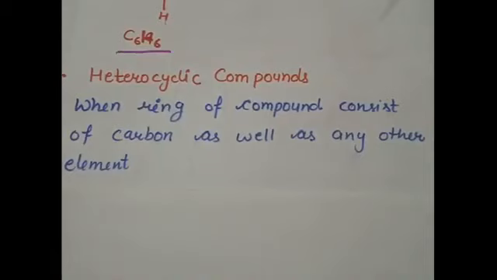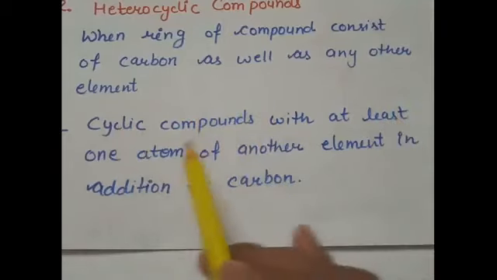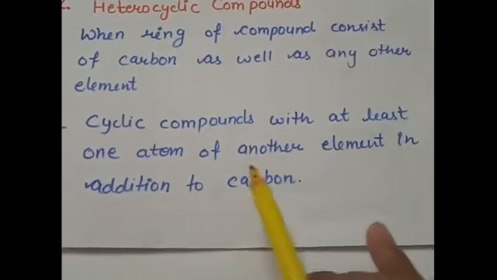That means it has one or more atoms from some element other than carbon. Cyclic compounds with at least one atom of another element in addition to carbon.